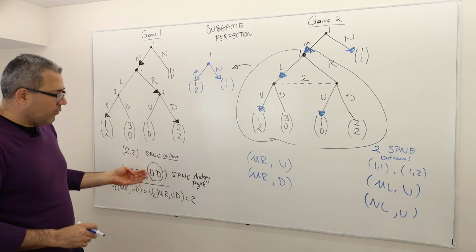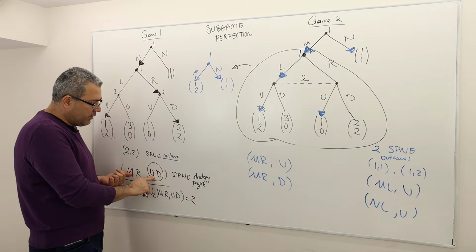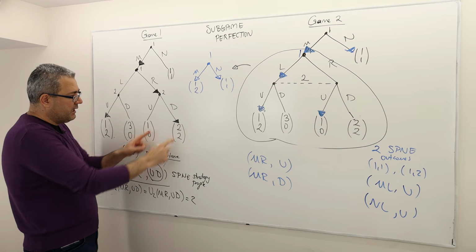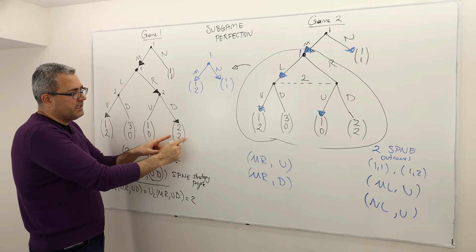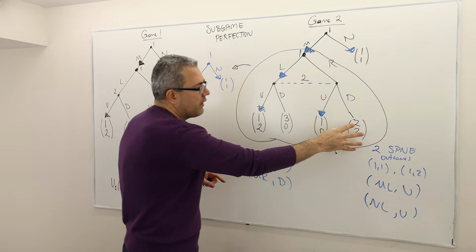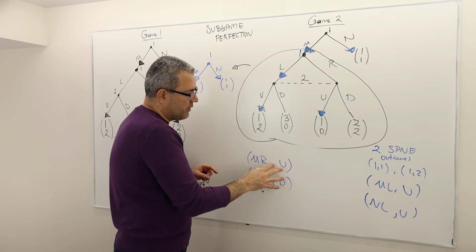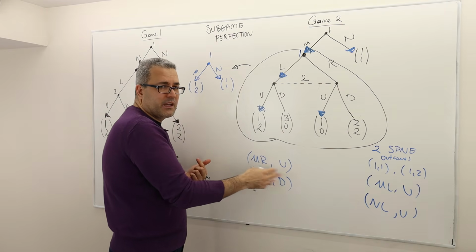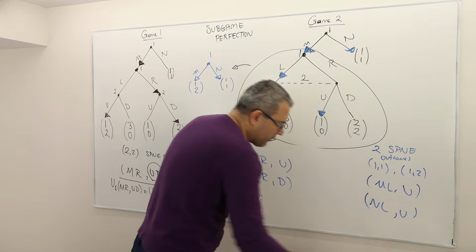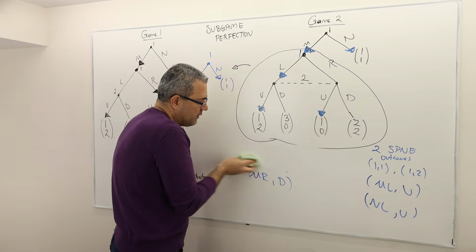So here, what matters is not U here, D here. What matters is playing D here, right? So therefore, we would like to get a payoff of 2. If they play U, they're not going to get a payoff of 2. So therefore, ignore this.